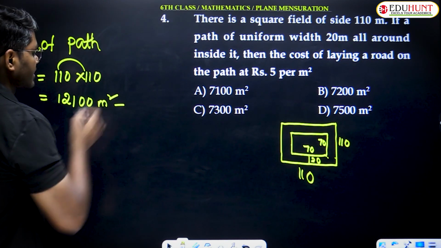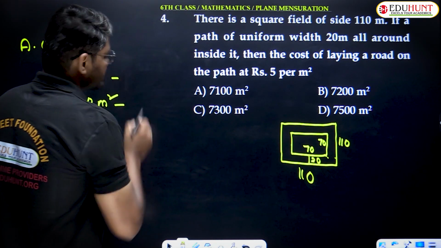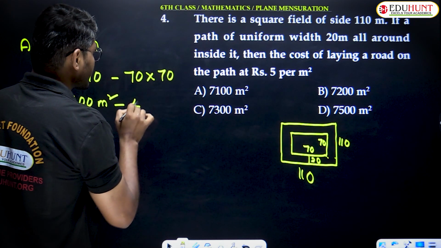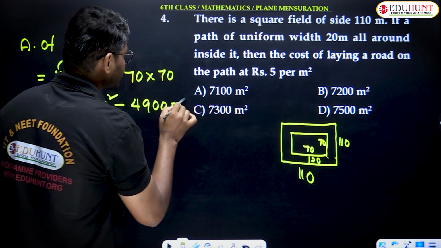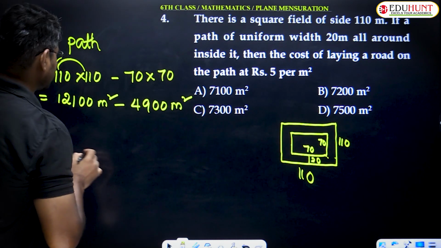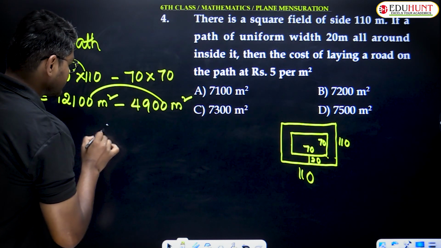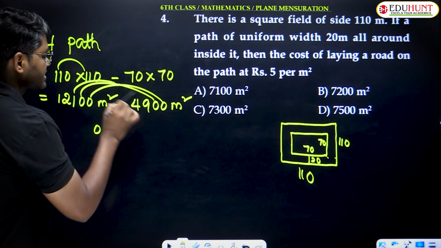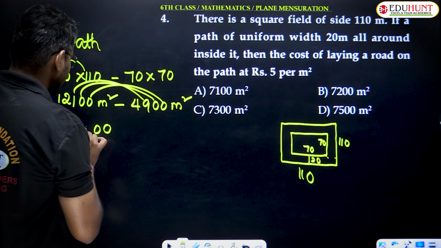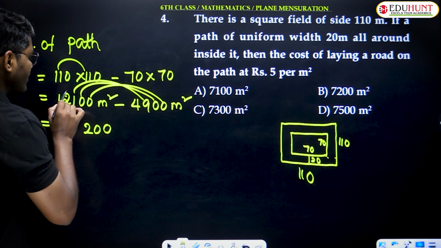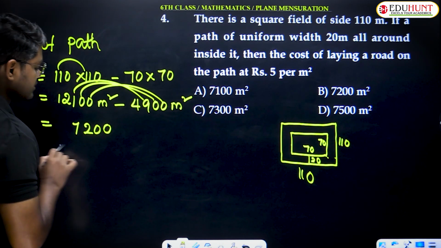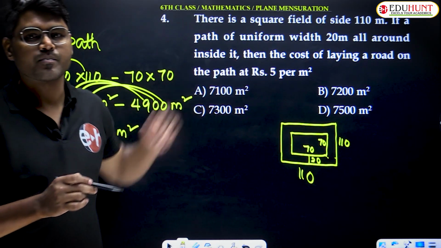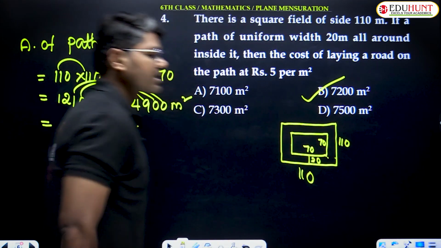Minus 70 square. 70 into 70. 7 sevens 49, 00 meter square. Now subtract. 0 minus 0, 0. 0 minus 0, 0. 11 minus 9, 2. This will become 1. 11 minus 4, 7. So 7200 meter square is the area of the path. Okay. So option B will be the correct answer for this question.